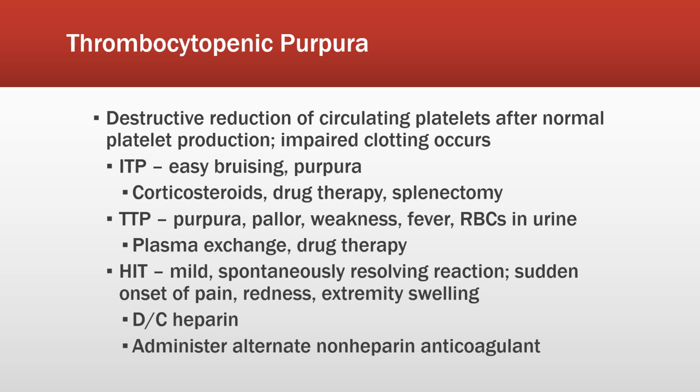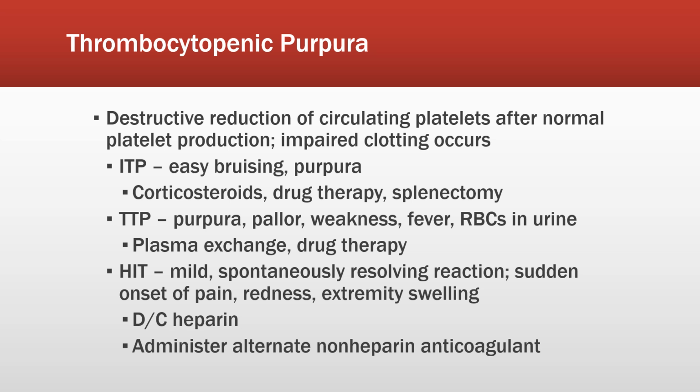So remember, review the functions of the spleen so that you have more of an understanding why sometimes the spleen has to be removed. The next type is TTP, and this is your thrombotic thrombocytopenia purpura. What happens here is that platelets clump together, resulting in not enough circulating platelets.